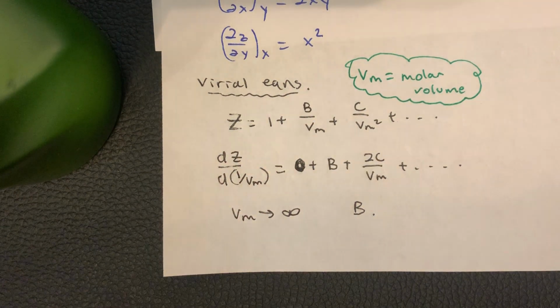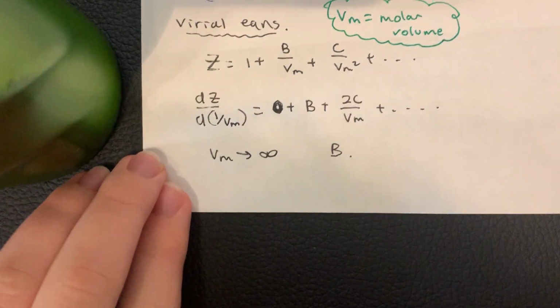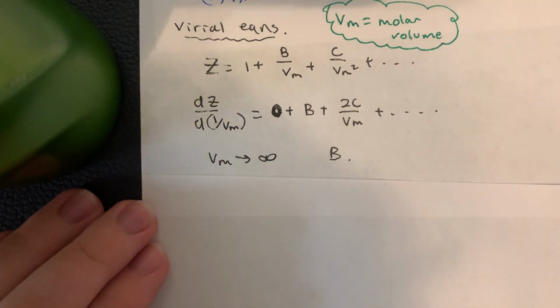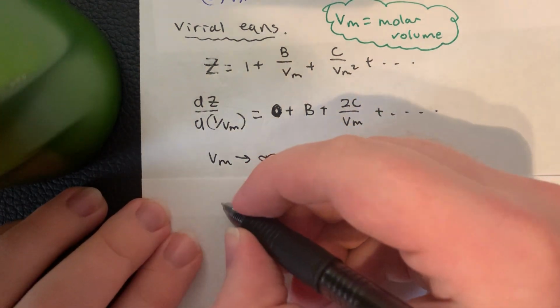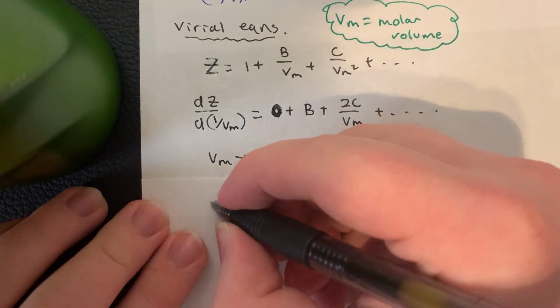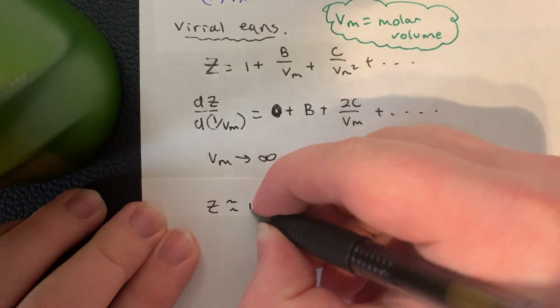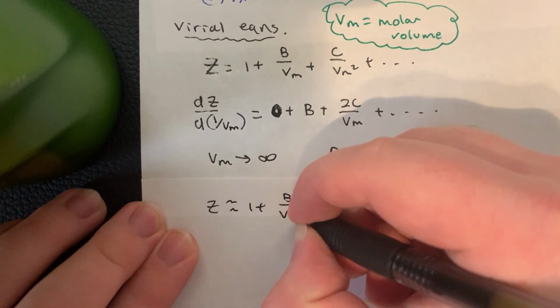Okay, so you're probably curious to see a few more examples. So let's actually continue with the Virial equations. So still using the same Virial equation, we're just going to approximate it to be this.